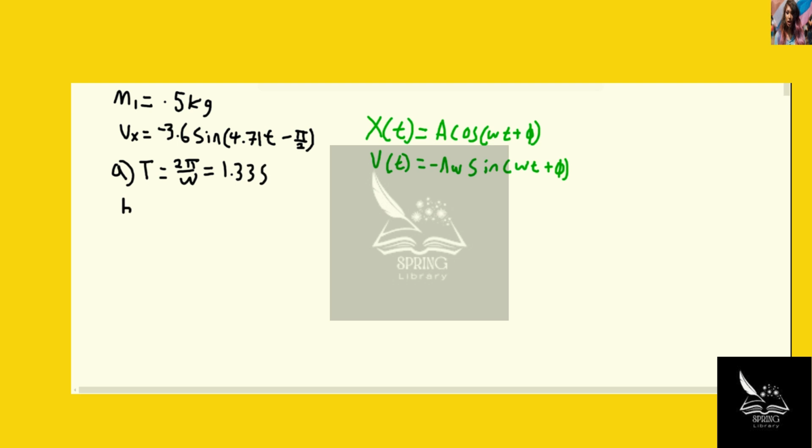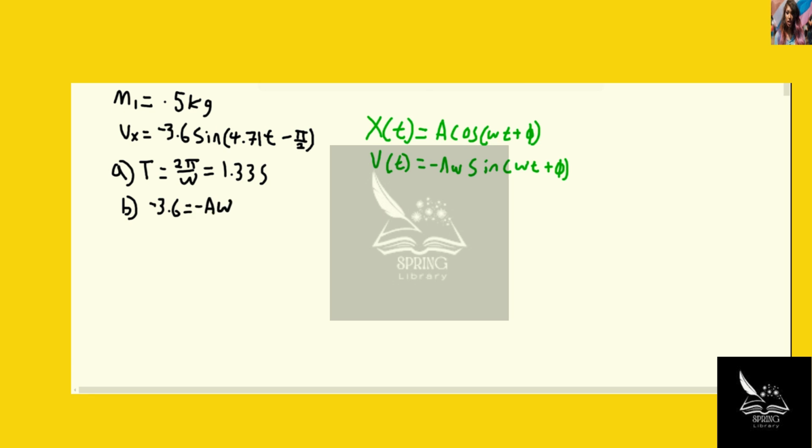Looking at problem B, we're looking for the amplitude. So over here, the amplitude right here times omega is going to give us negative 3.6. So we're looking for negative 3.6 is going to equal negative A times omega.